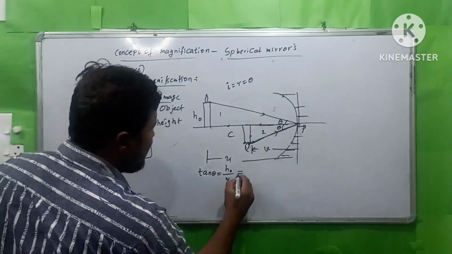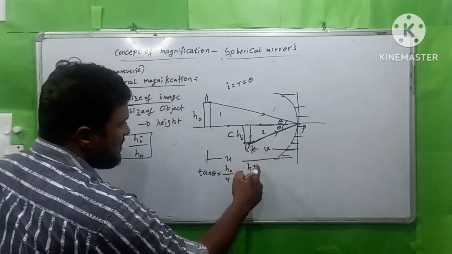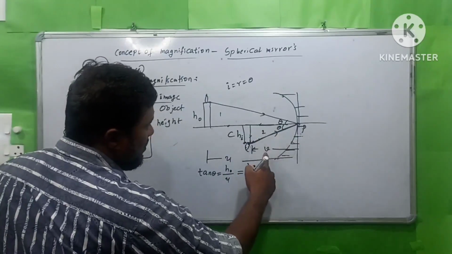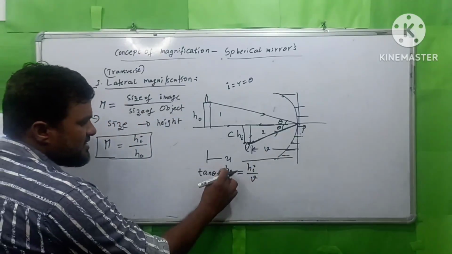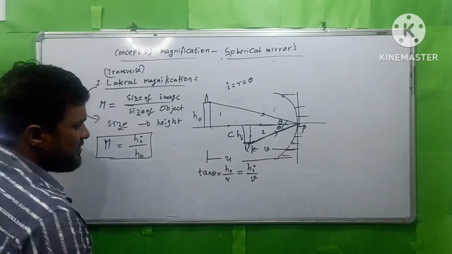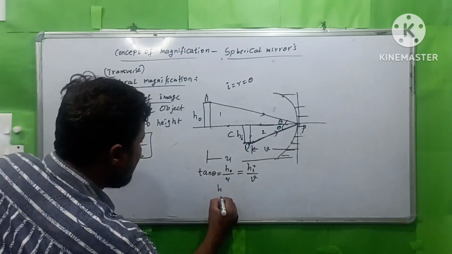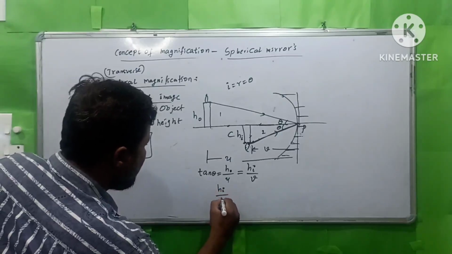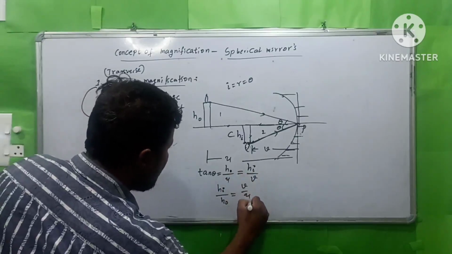For the image, you can write the height of the image, this is h suffix i, and the image distance v. So finally, we can equate these two. ho by u is equal to hi by v. If I equate these two, what will we get? hi by ho is equal to v by u.